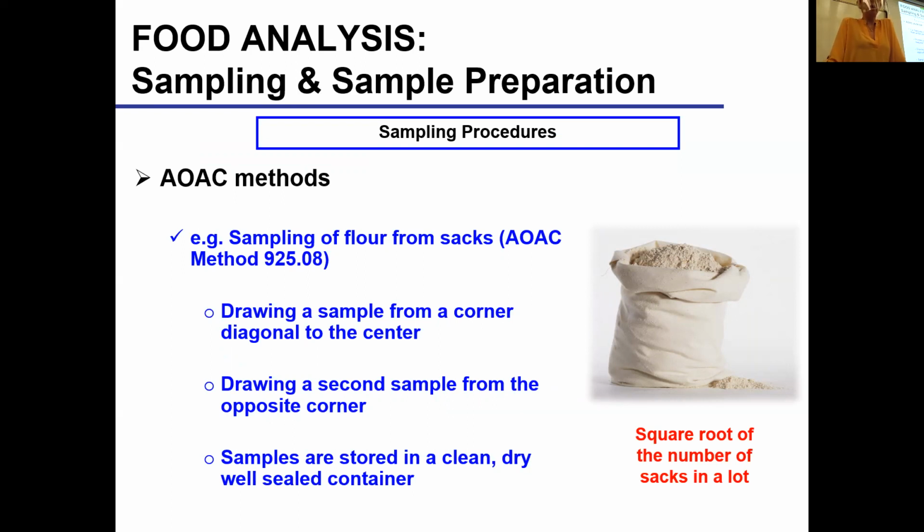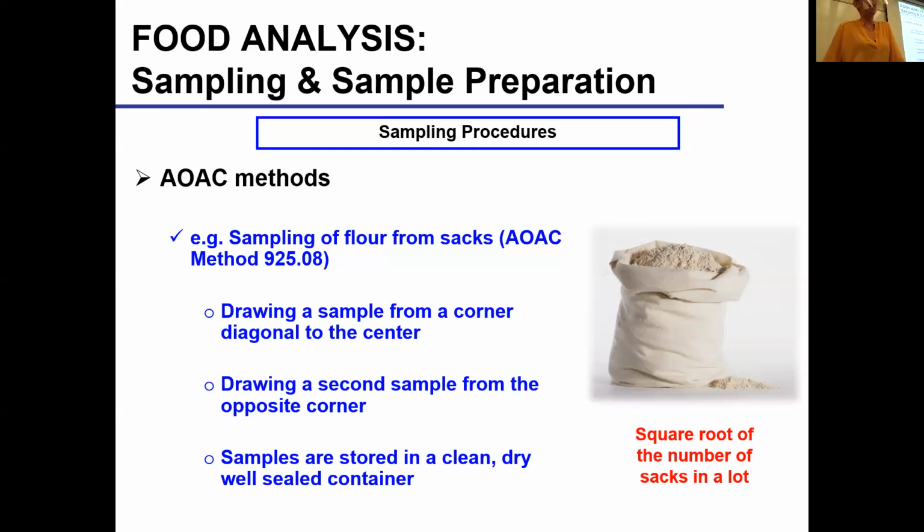So if I have 100 sacks of flour that I produced in one day, and the bags are about 40 pounds or 100 pounds, doesn't matter, but let's say I have 100. I won't take every bag and sample from it. I would take the square root of the number of sacks in a lot. So if I have 100, the square root of 100 is 10. So I would want to take 10 bags randomly though.